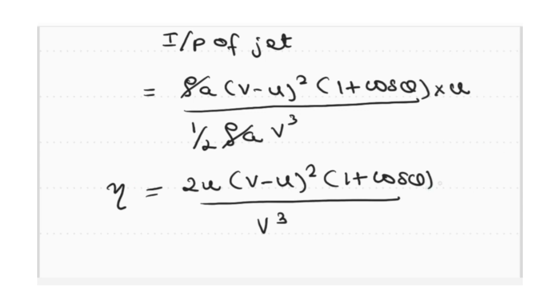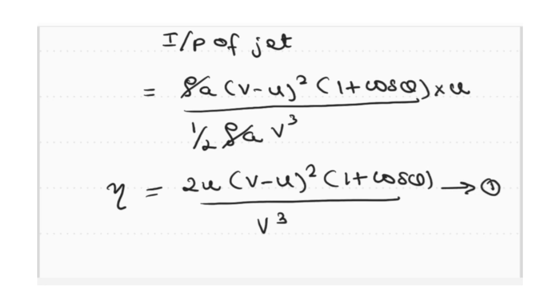I will name this equation number 1. To show this efficiency is maximum, that is equal to 8 by 27 into (1 plus cos theta), we should differentiate the above equation with respect to either plate velocity or jet velocity. Both will yield the same answer.